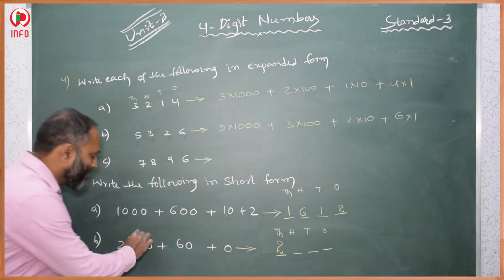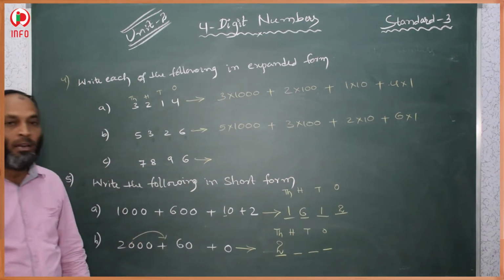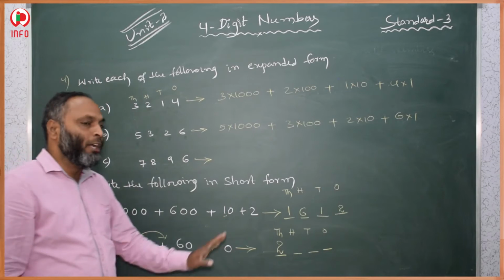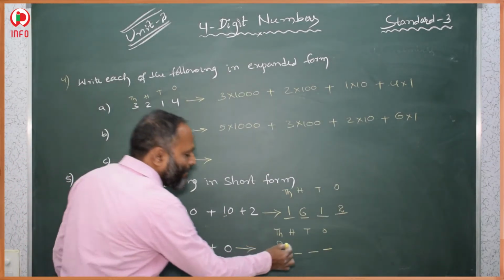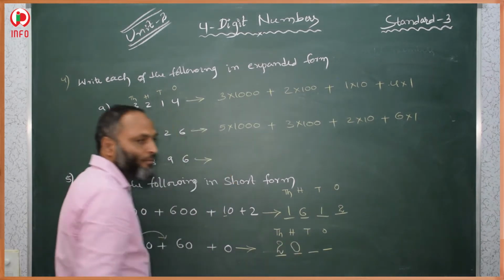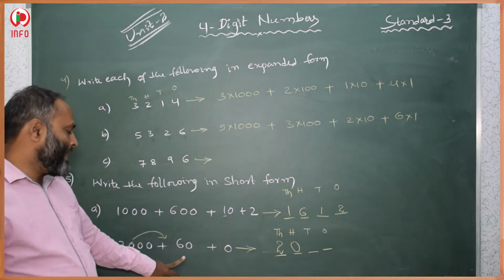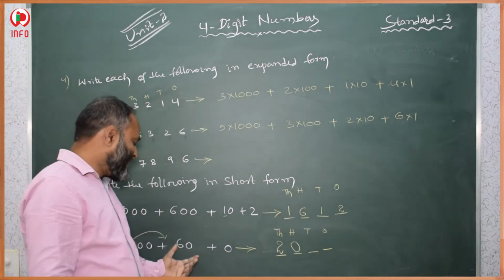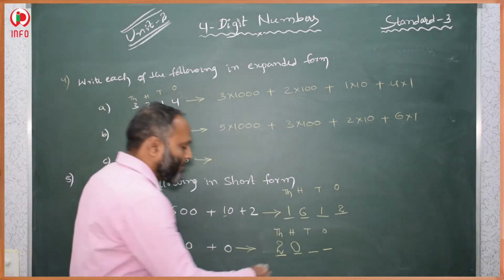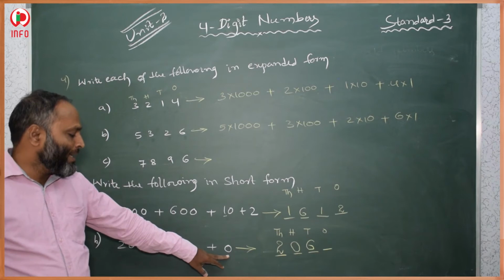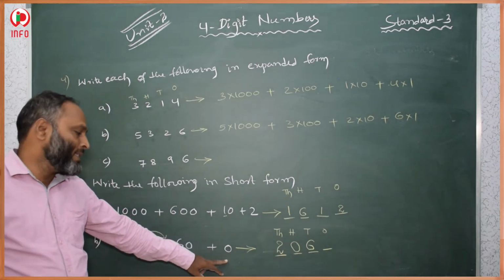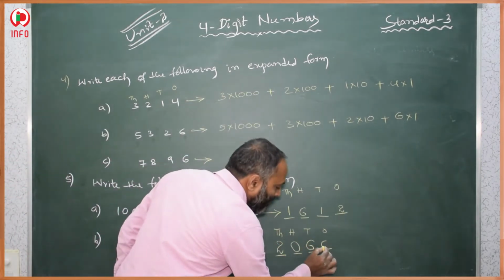After 1000 there is no 100. It means we don't have any 100 in this number. So we keep 0 in hundreds place. Then 60 is there, in tens place 6 should come. Then in ones place 0.